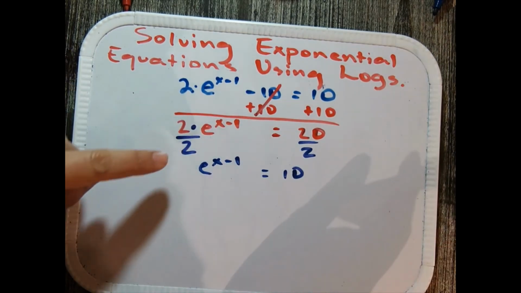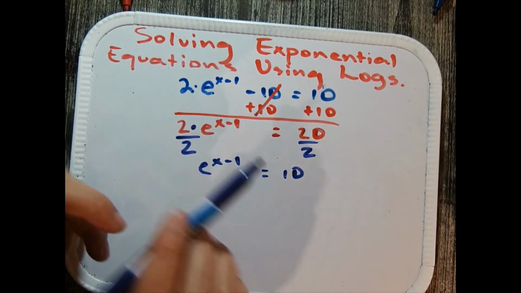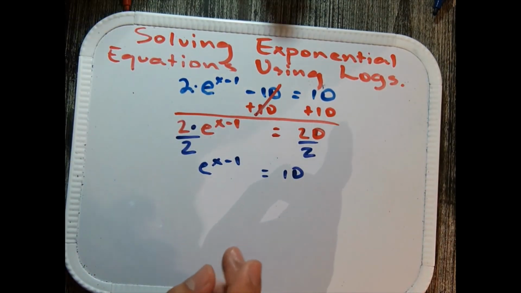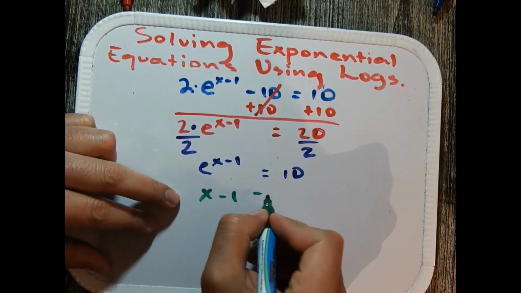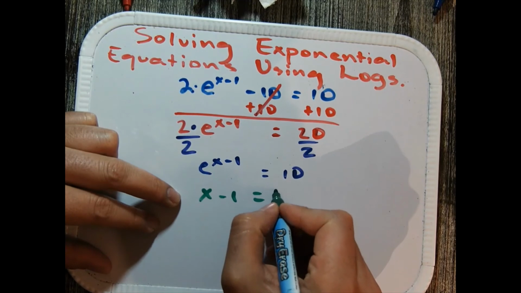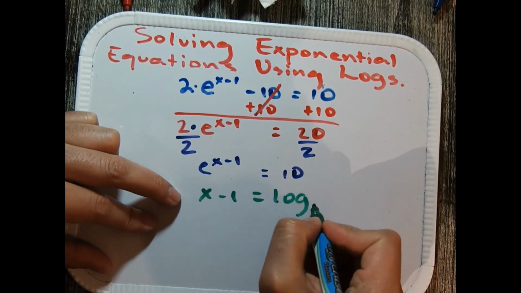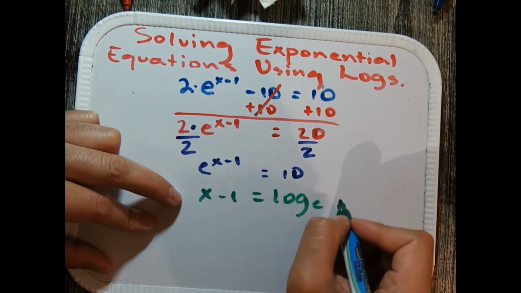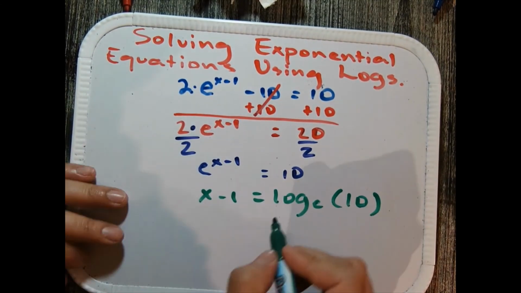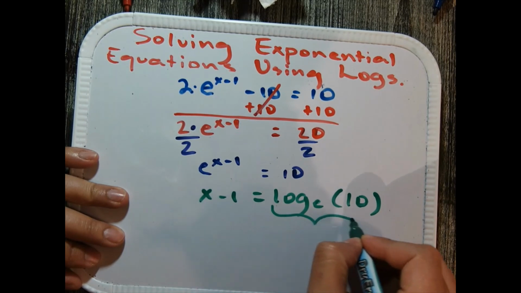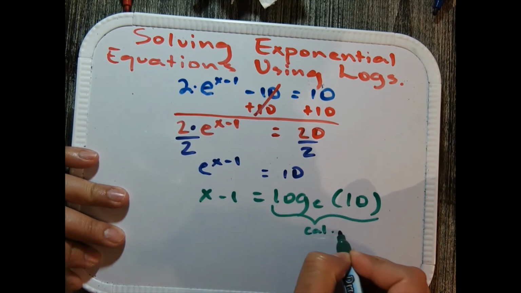Now I can get rid of the base e by rewriting it as a log. So I'm going to have x minus 1 is equal to log base e of 10. This part, again, we have to evaluate in the calculator.